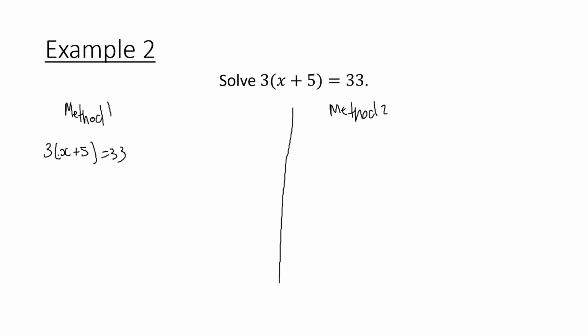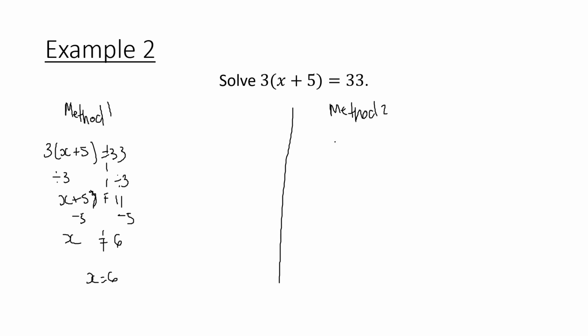So the first thing you're going to do is divide both sides by 3, because at the moment it's 3 times your bracket. So you're going to divide both sides by 3. So you're left with x plus 5 is equal to 11. And then you've got plus 5, so to get rid of that plus 5, you're going to take away 5. So you're left with x is equal to 11 take away 5, which gives you an answer of positive 6.